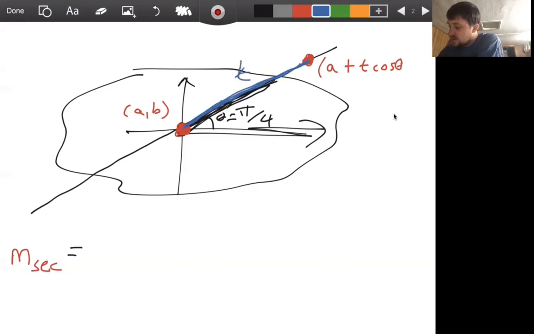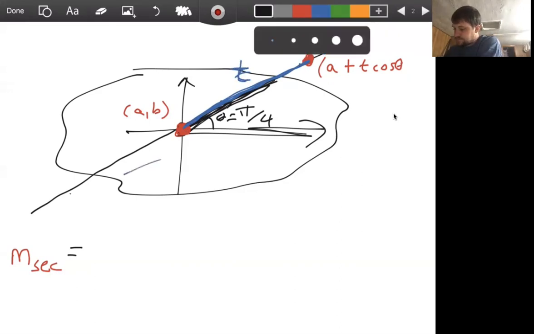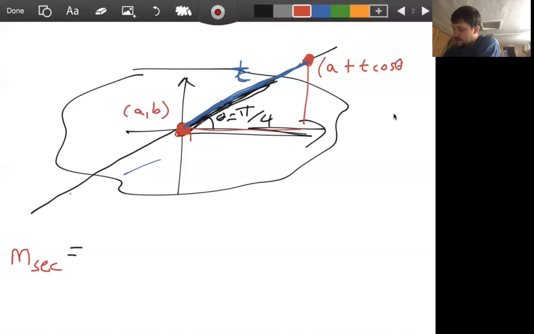Let's say we've marched t units in the direction of some theta, right? Well, then we get a right triangle here formed with t being the hypotenuse, and then we have the height and the base of the triangle here. And what's the length of the base? Well, it's going to be a plus t cosine theta, and the length of the height is going to be b plus t sine theta.